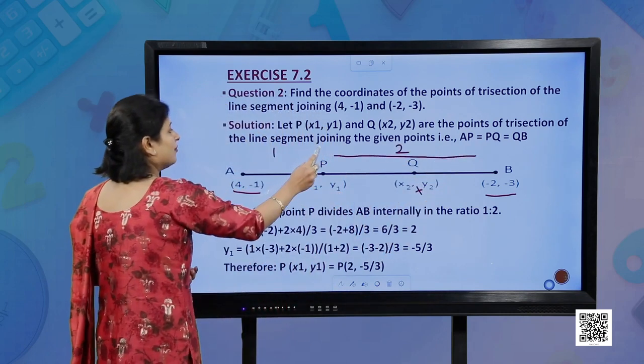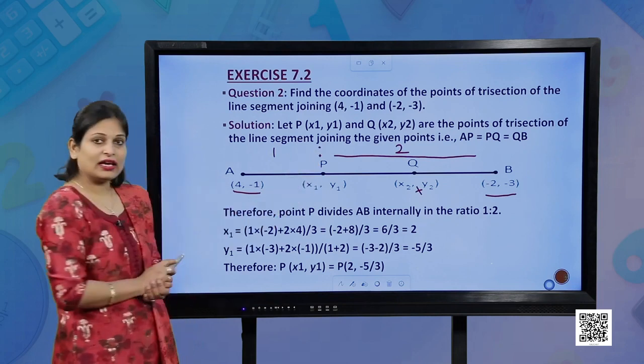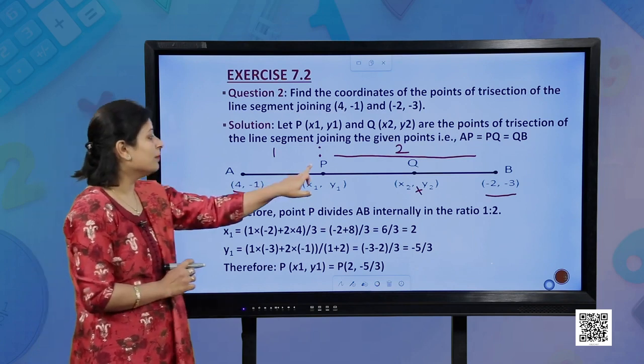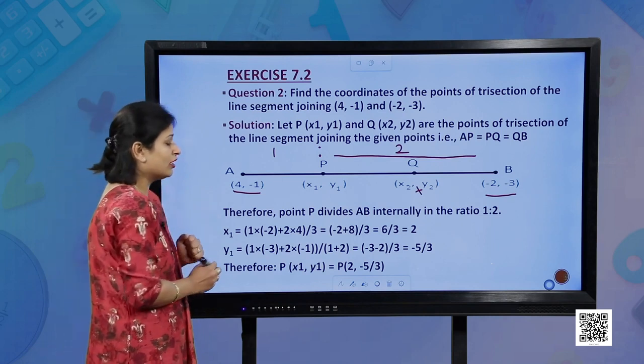So, the ratio will become 1:2. Now, I can apply the section formula to find the coordinates of point P, which is x1, y1. How will you find it?